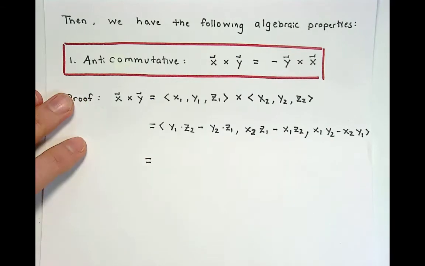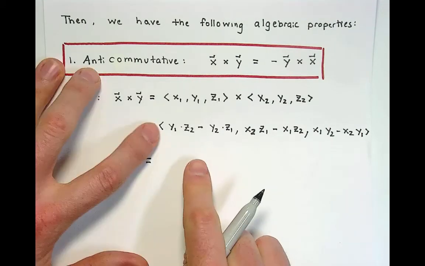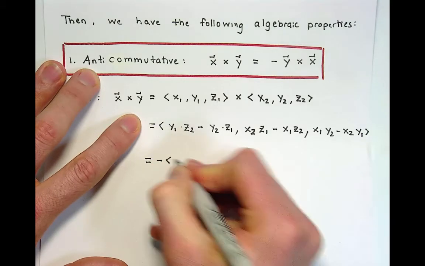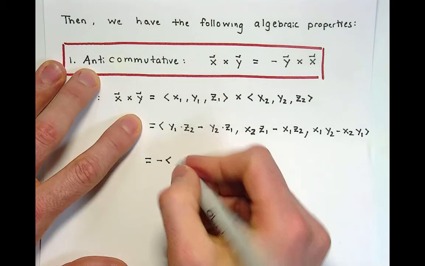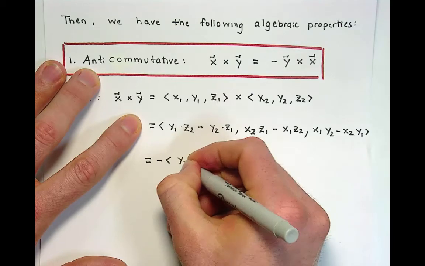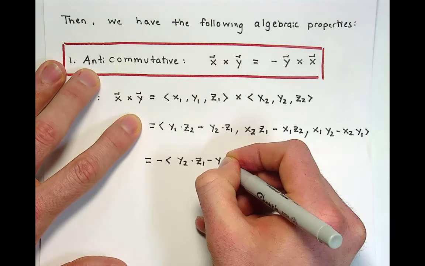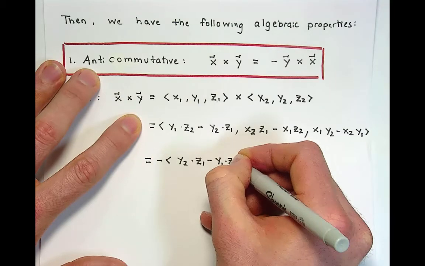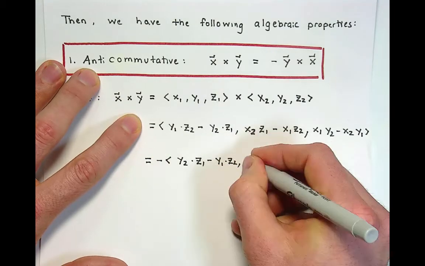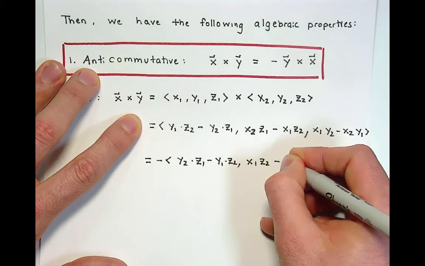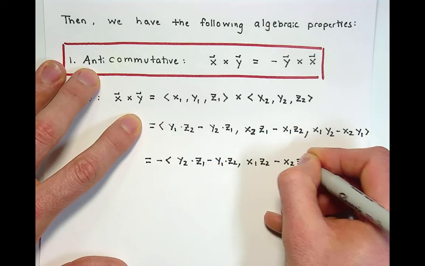And the claim is that if we factor out a negative here, let's go ahead and do that. So here I factor out a negative, and I'm going to switch the order when I do that. So this would be now y2 z1 minus y1 z2. Here I switch the order. This would be x1 z2 minus x2 z1.